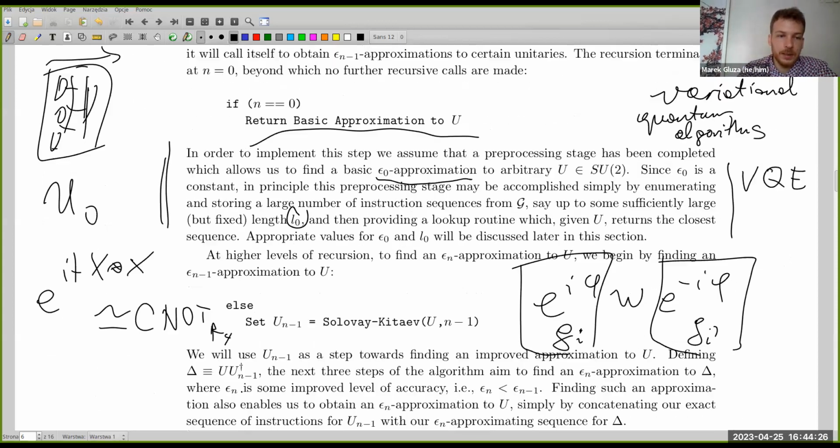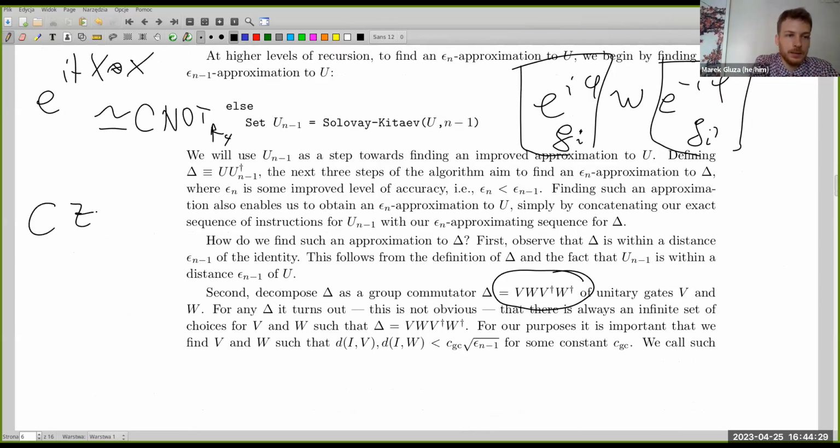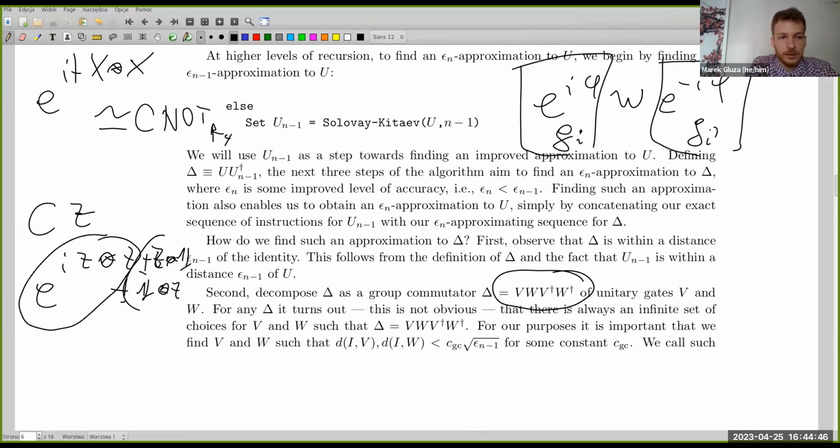For example, a CZ gate, if I want to approximate it, I would need some Z tensor Z plus Z tensor identity plus identity tensor Z, more or less like this. If I wanted a ZZ rotation, I could put those things together and so on.